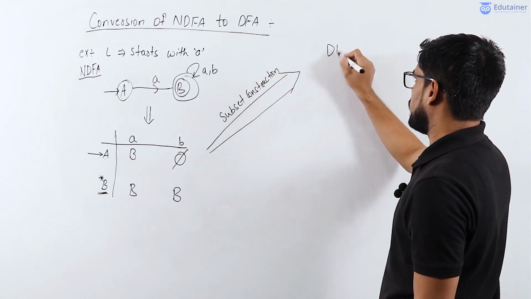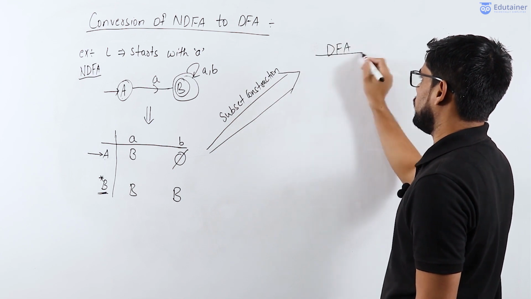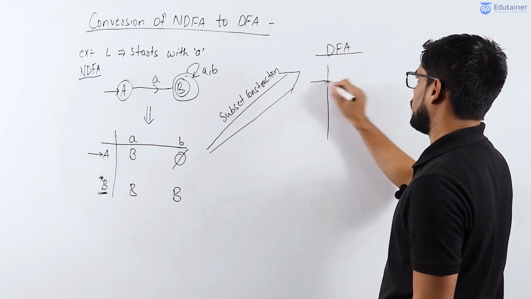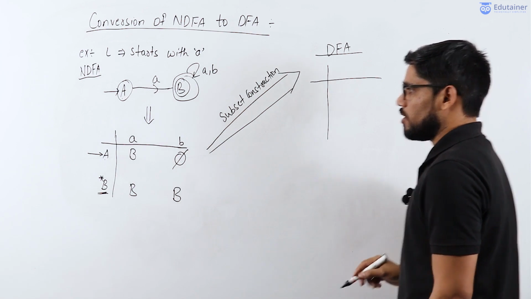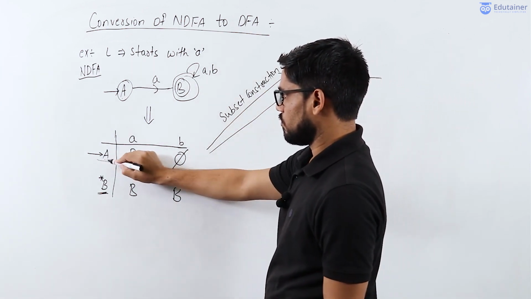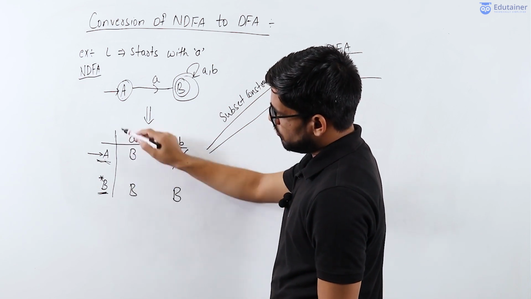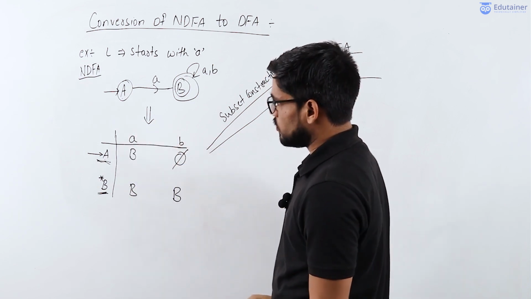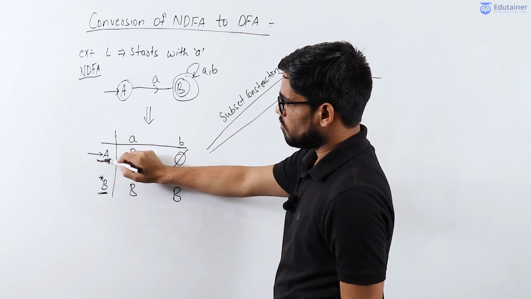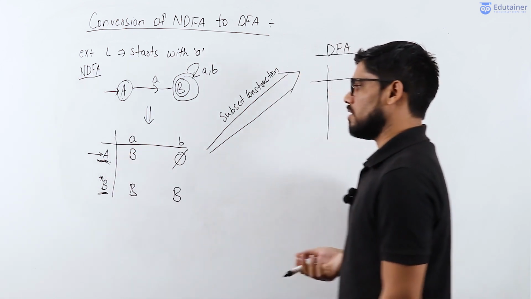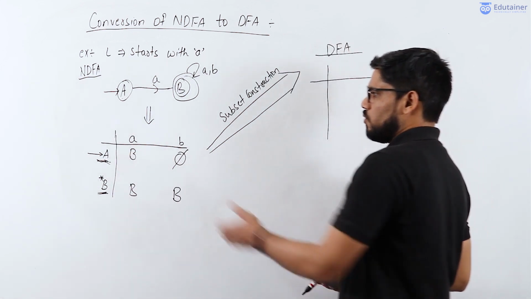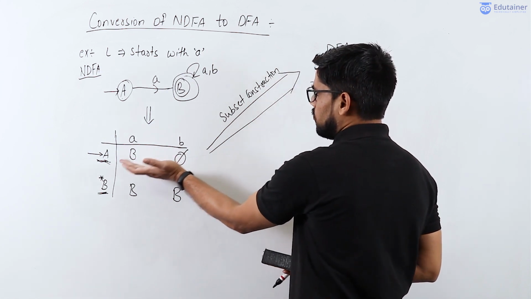So here I will draw the transition table of the DFA. In the DFA, I will start with row number 1. Do not blindly copy all the rows. You will always start with row number 1, and if any other row is added, then you can add it after row number 1.